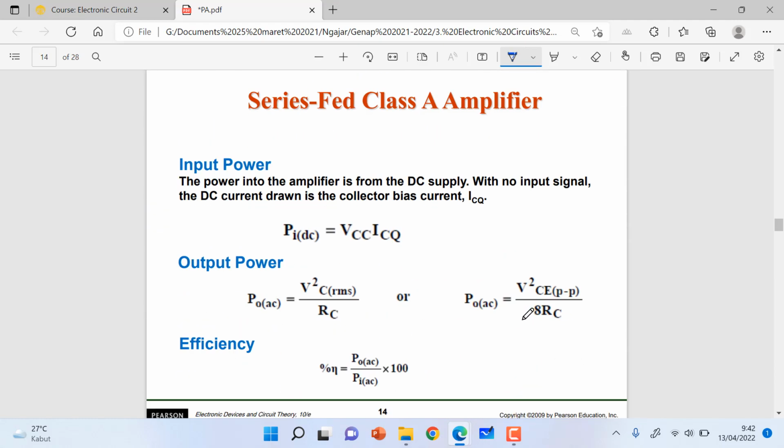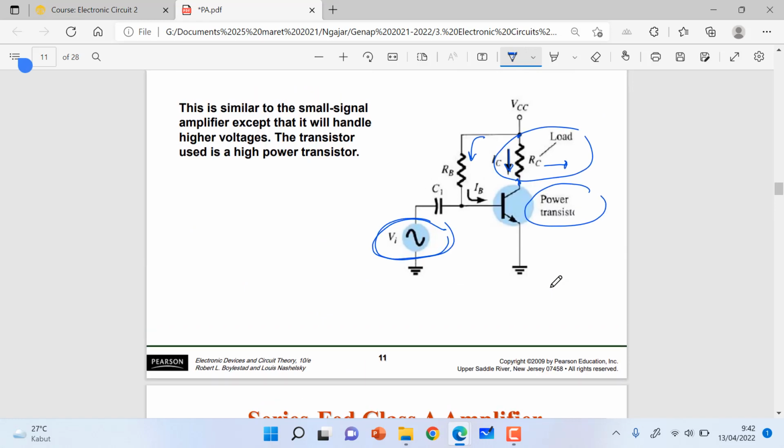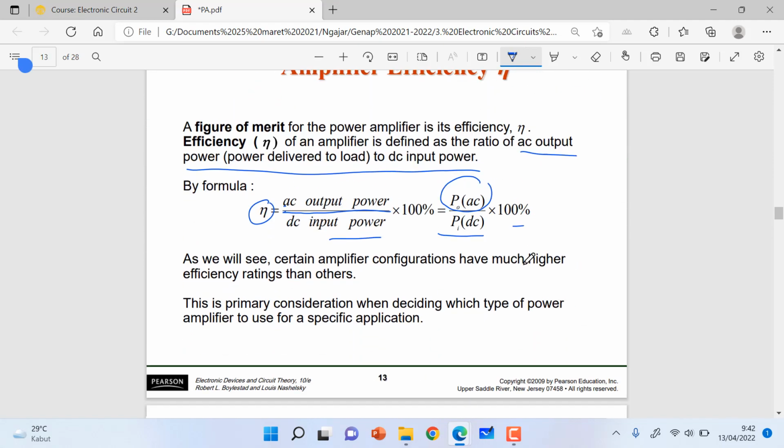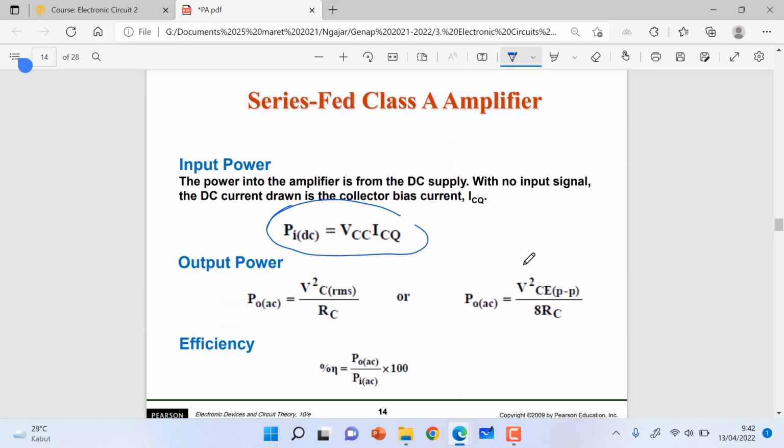And then what is the input power? The input power is DC, so PI(DC) is VCC times ICQ, the Q point current. And then the output power is located in the load.